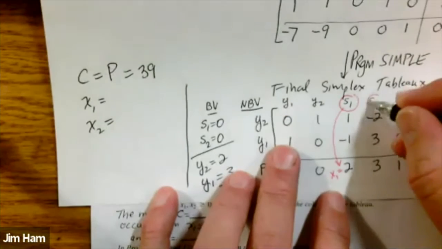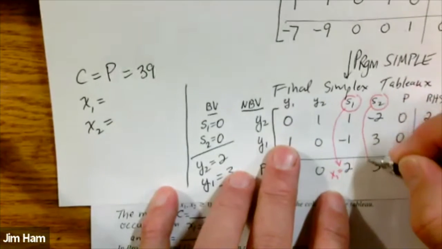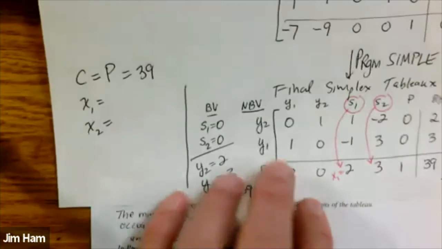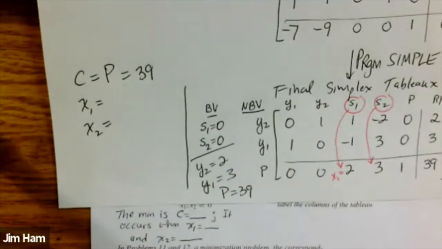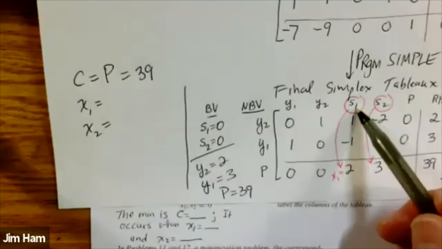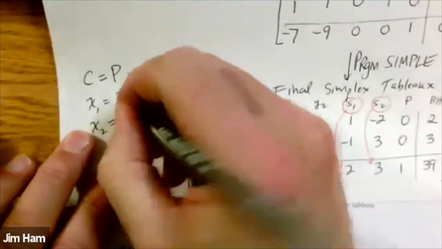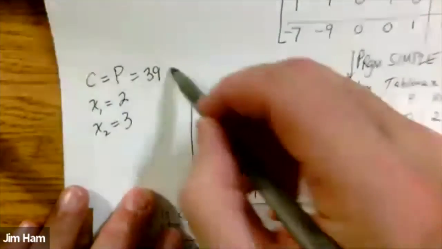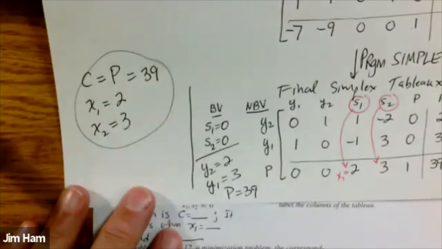And the value of x2 is going to be in the bottom row underneath S2. So x1 and x2 and C are actually in this matrix. You just need to know how to interpret the matrix. So S1 is there, x1 is 2, and S2 is equal to 3, and then here's your final solution.